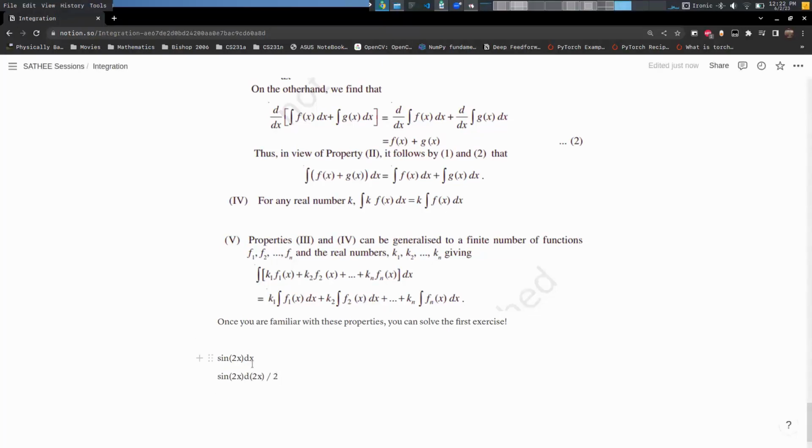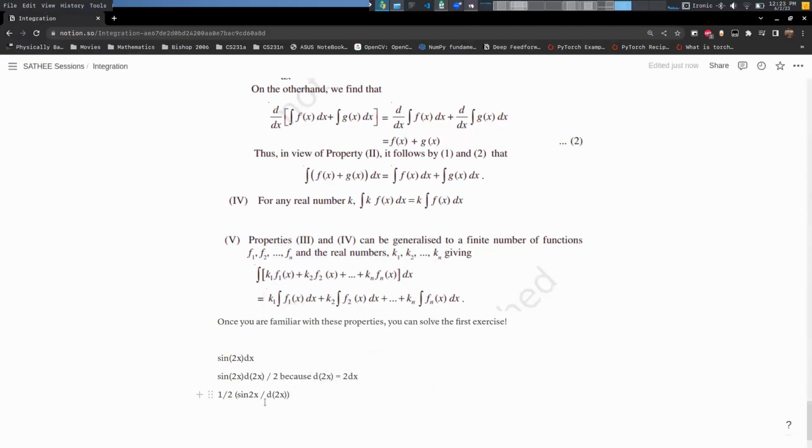We know that the derivative of 2x will basically be 2 times the derivative of x, and therefore we can write the derivative of x as simply the derivative of 2x divided by 2, and we can further simplify it to the integral of sine 2x divided by 2.